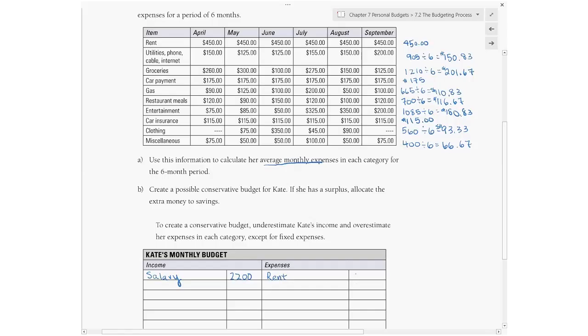Now for rent, that's the same every month, so we can write that down as the $450. Her utilities, etc. Well, we had an average of $150.83. Maybe let's bump that up to $175.